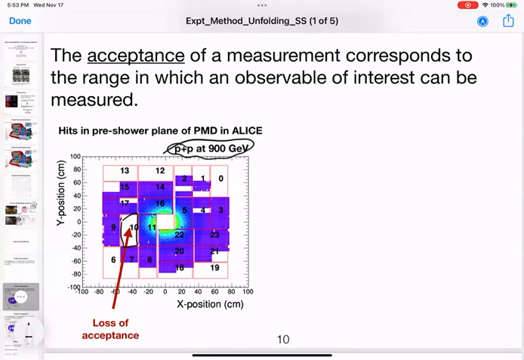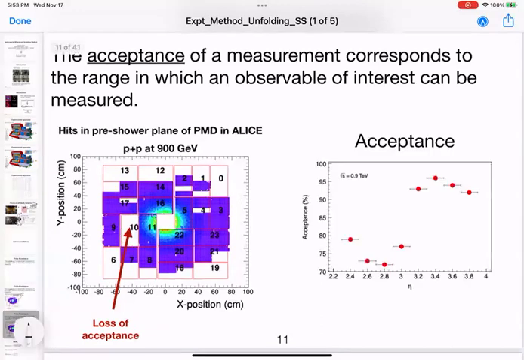In reality, if you have 100 photons generated in pp collisions and they hit the PMD, because of these acceptance issues we will not be able to detect all 100 photons. For example, we will be able to detect 75. So we have to correct our measured photons with this fraction, which we call an acceptance correction or an acceptance function. So here I'm showing the values of such acceptance correction for this pp 900 GeV data.